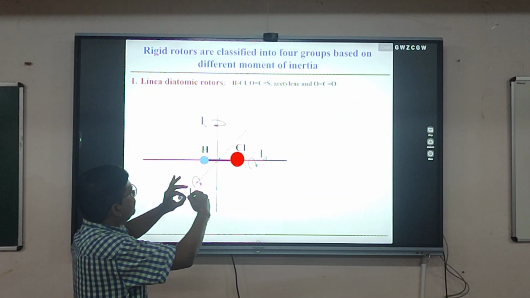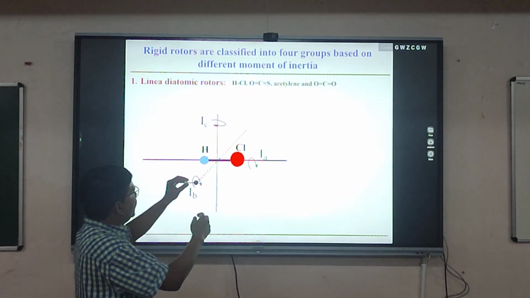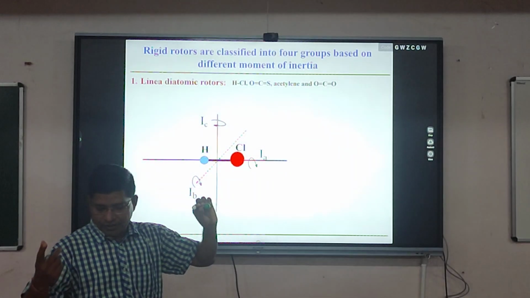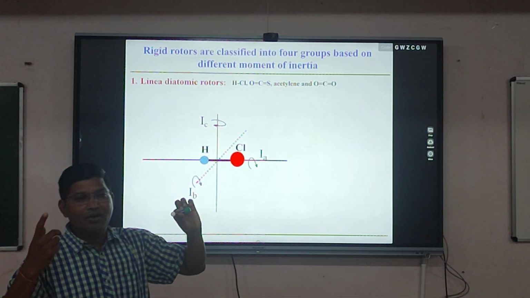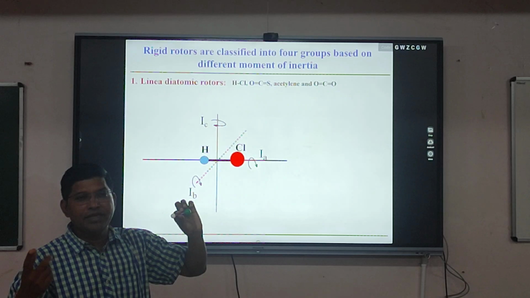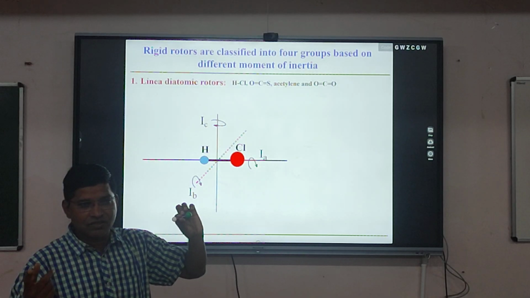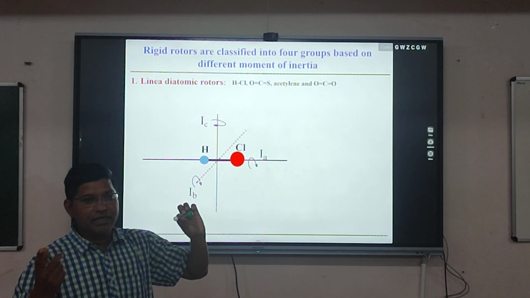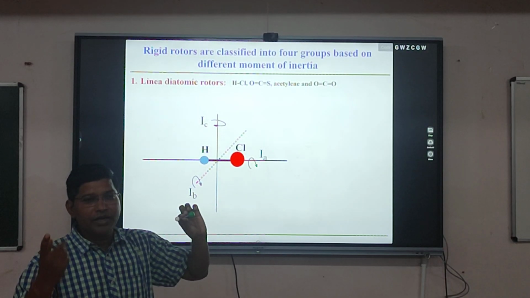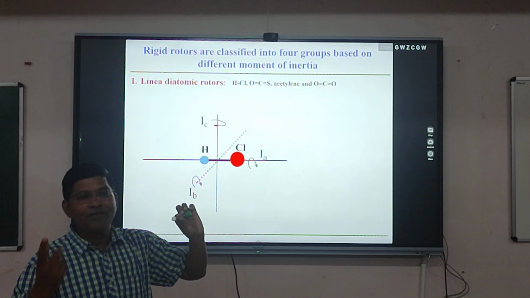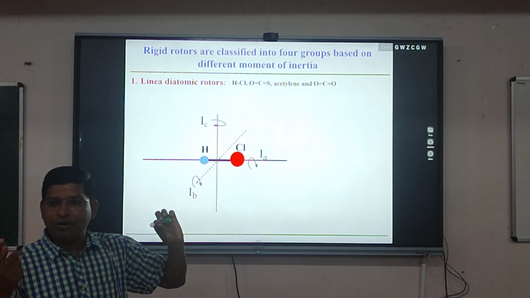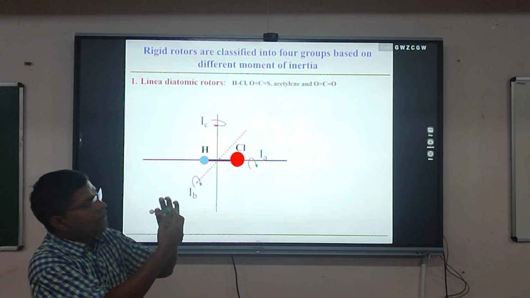In rotational or microwave spectroscopy, there should be a change in the orientation of the molecule. Then only will we get a microwave active compound. So how do we understand this?